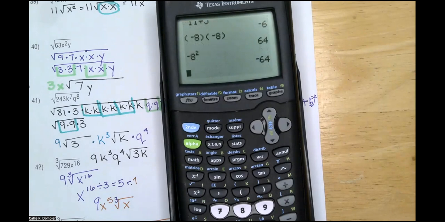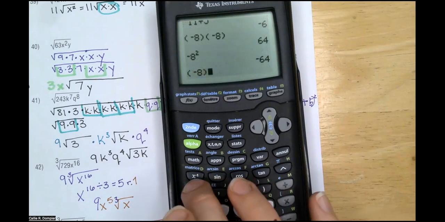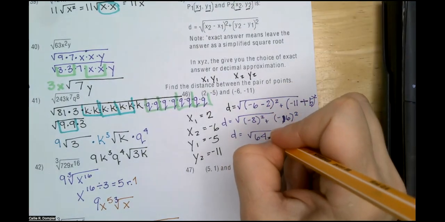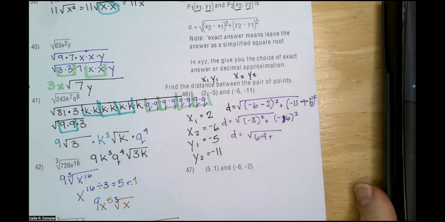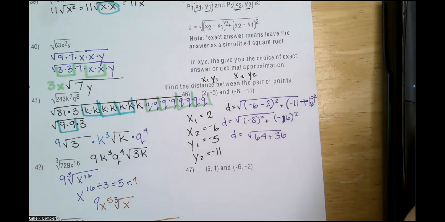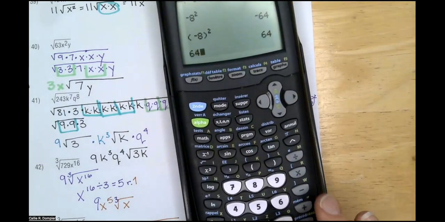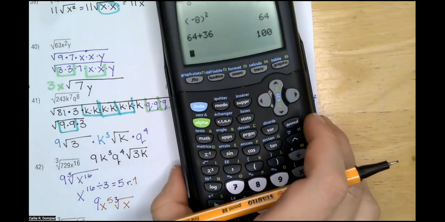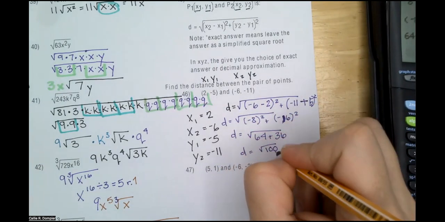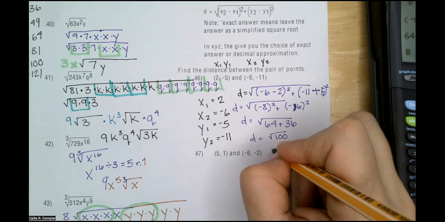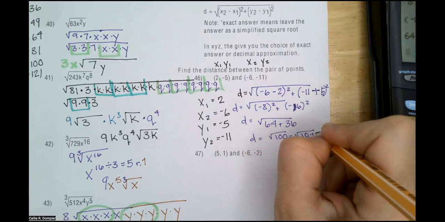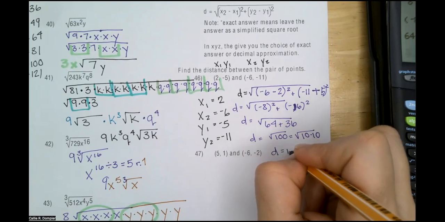So make sure you use those parentheses. -8 squared is 64, plus -6 squared is 36. 64 and 36, 100. And then try to simplify it. All right, we know that 100 is 10 times 10, which is 10.